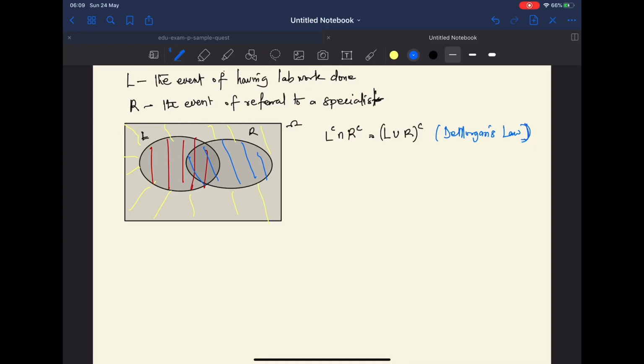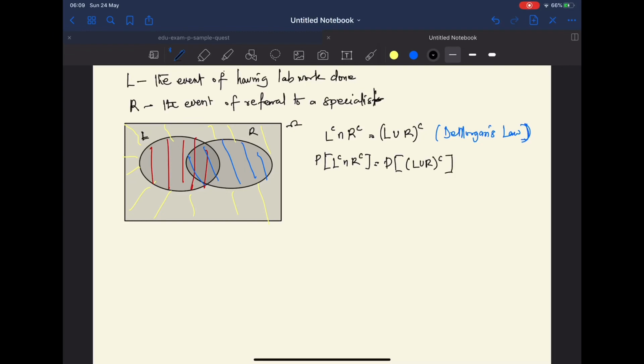So we have that L complement intersection R complement equals L union R complement. So the probability of L complement intersection R complement equals the probability of L union R all complement.